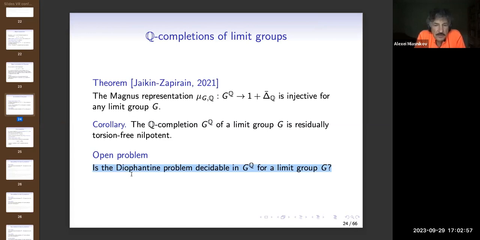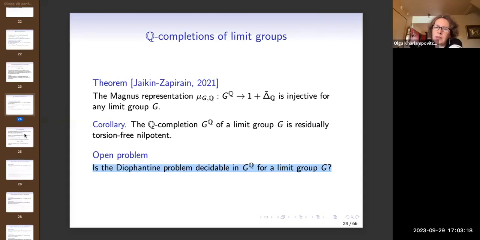I think for these groups, because the Diophantine problem is decidable in limit groups, that's what we proved with Olga some time ago for Tarski. So I think it could be expanded to G to the Q as well. But it is probably like if you add roots, you have toral relatively hyperbolic groups, right?